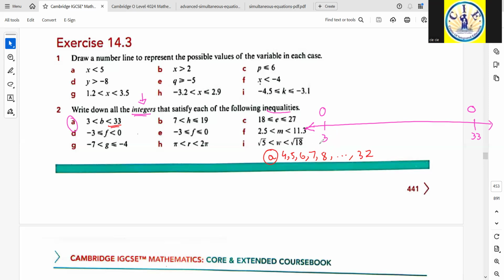And if, for example, you need to draw them on the number line, so you would be doing for this 4, 5, 6. So you are going to have points like this, like this, like this, and up till 32. This is it.